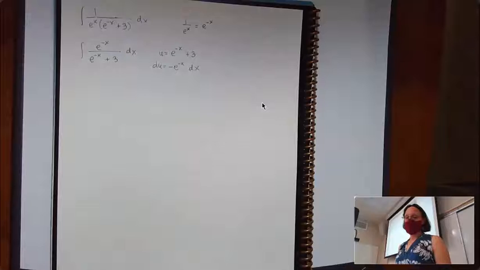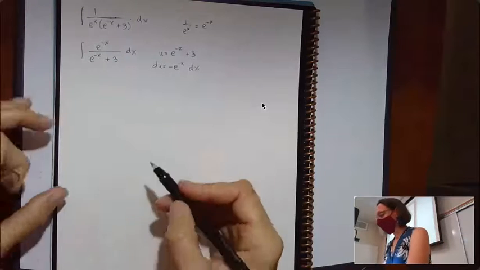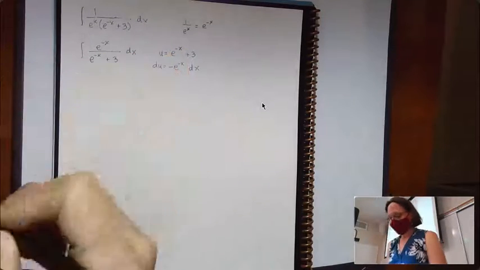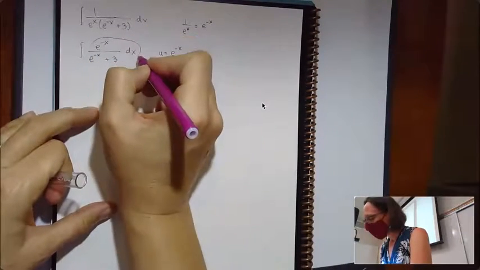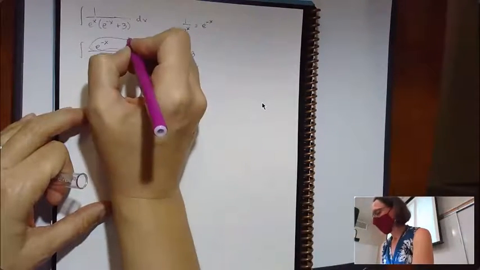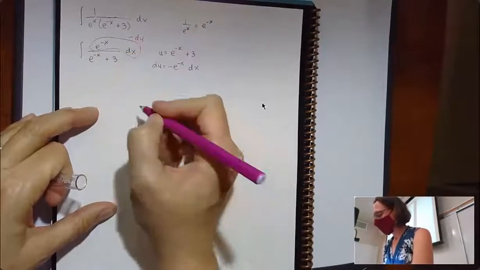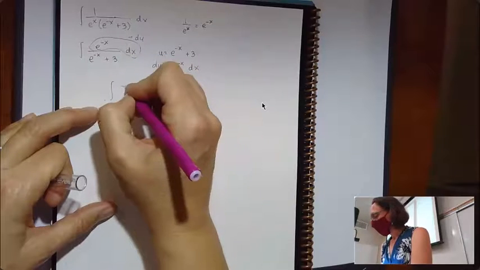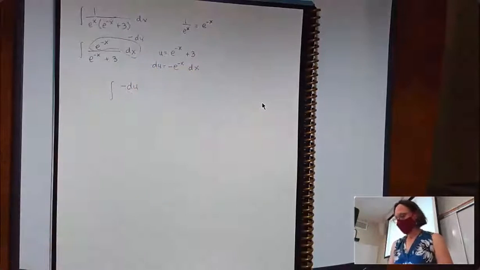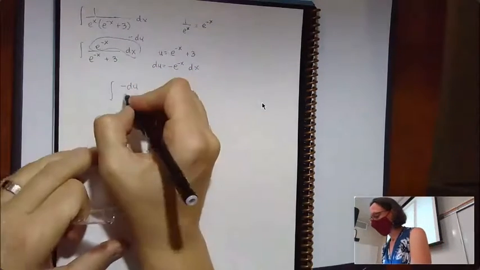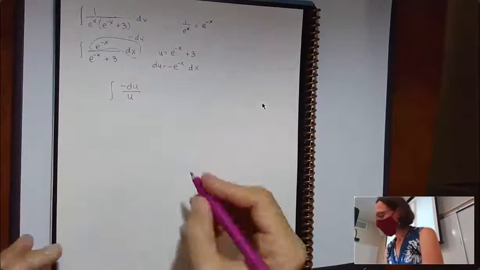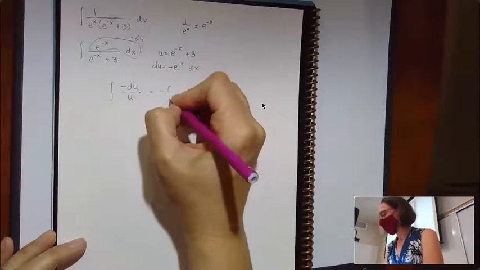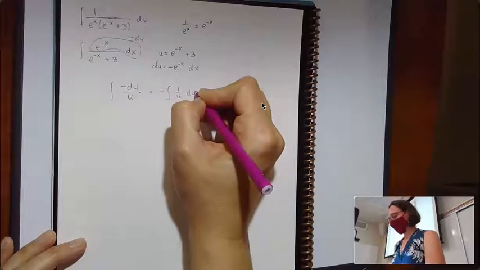So when we do the u substitution, all of that stuff on the top, the e to the negative x and the dx, that whole thing becomes negative du. So I've got negative du, the whole denominator was u. And then if we want, we can treat that as saying negative 1 over u du.